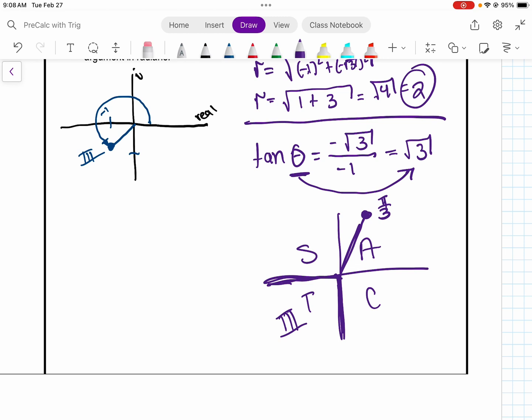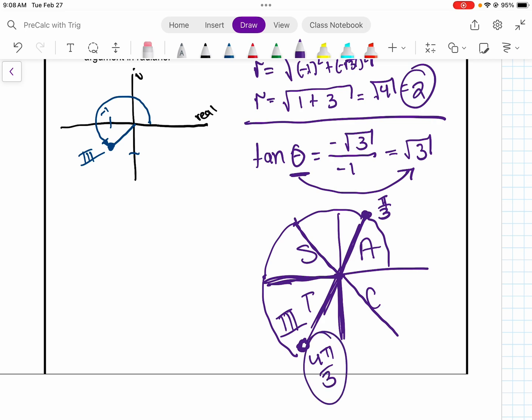So all you've got to do is find the point across that value and go from there. Remember, radical 3 splits the pizza into 3 pieces, so that would be 1 piece, 2 pieces, 3 pieces, which means this would be 4 pi over 3. So that's our theta value.